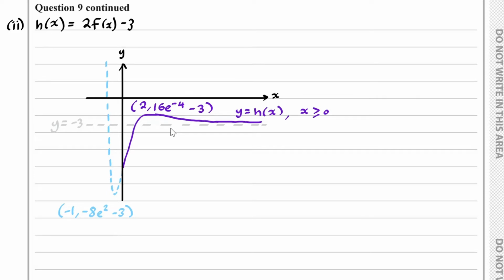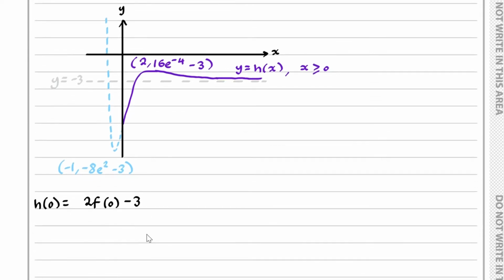Now when we come to work out the range, we first of all need to find out where it intersects the x-axis. Okay? And we can do that by setting x equal to 0. In other words, h of 0, that will equal 2 times by f of 0 minus 3.